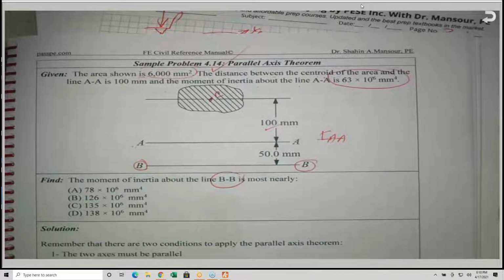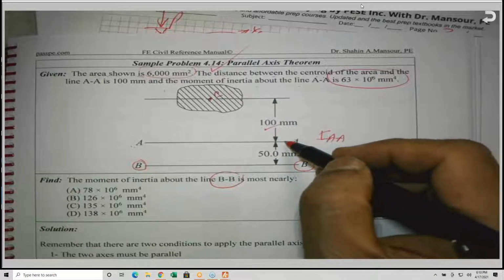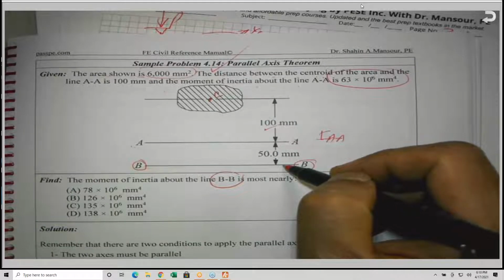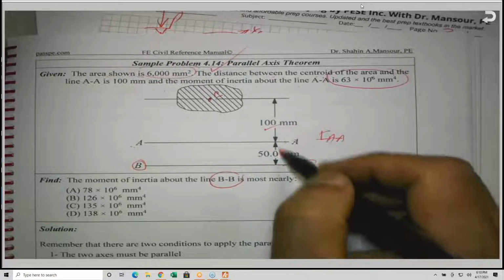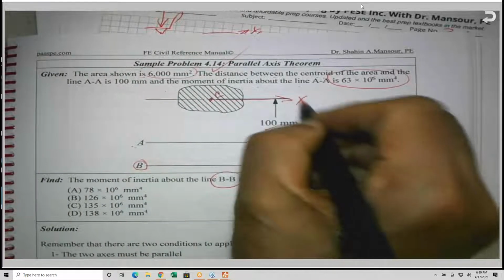This problem is so tricky. I cannot apply the parallel axis theorem between this and this, because neither is the centroidal axis. The centroidal axis here is XC.